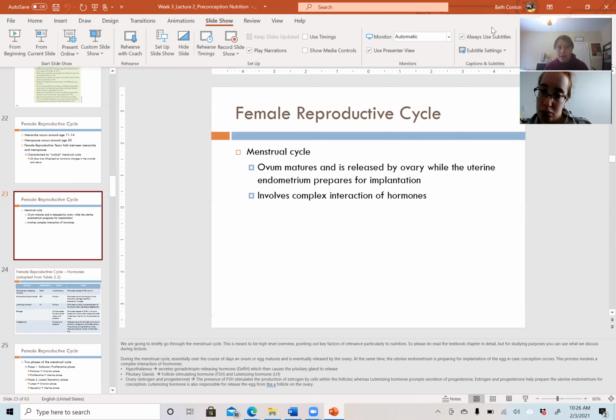The chances of having chromosomal abnormalities such as Down syndrome and related things increase after 35, but more and more women, and I don't know the statistics offhand, are now having babies after 35, and there's a lot of healthy babies being born.